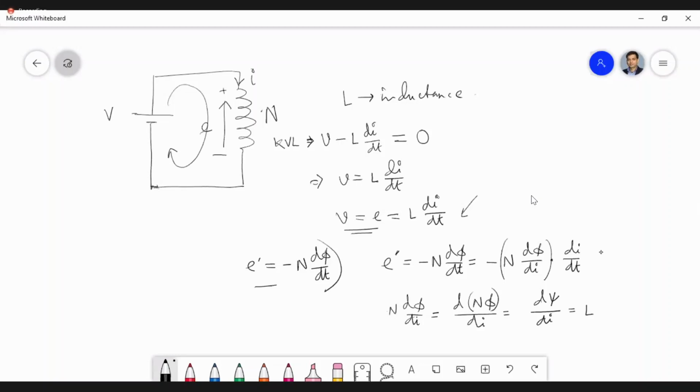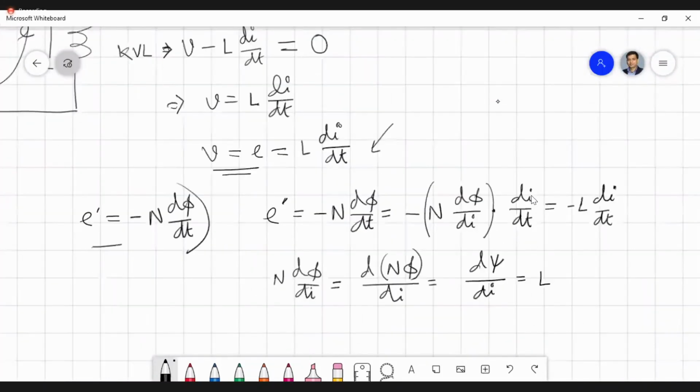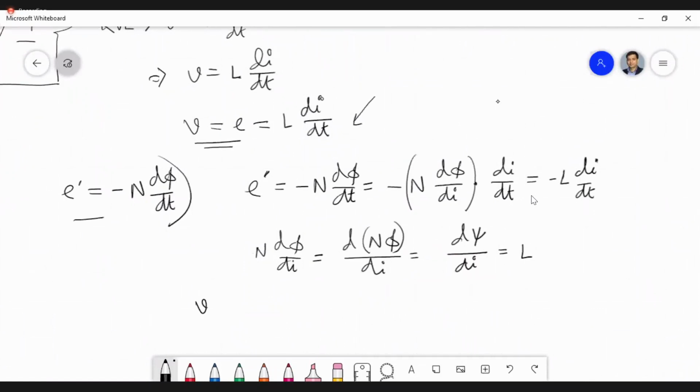Okay, and this is defined as L. Okay, so that means we can write L di dt. Is it okay? So that means the same expression we can write like this.